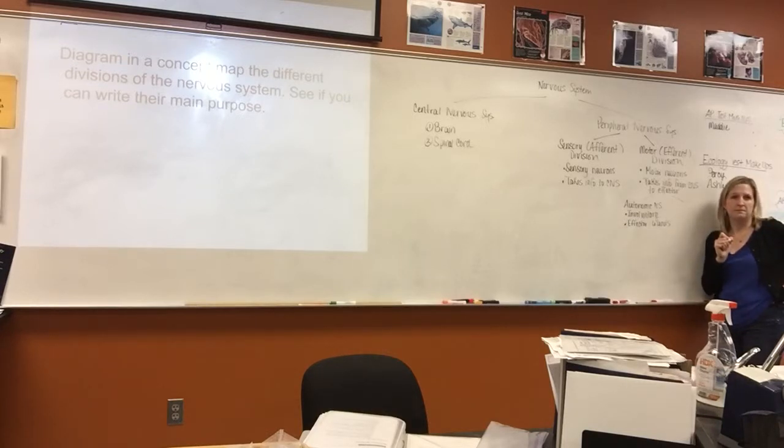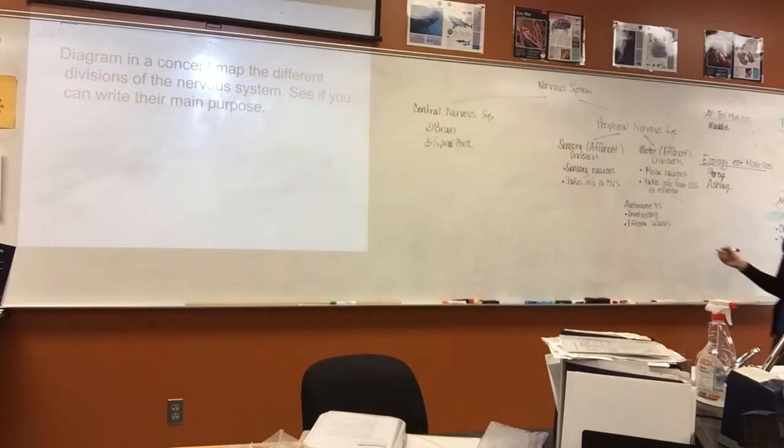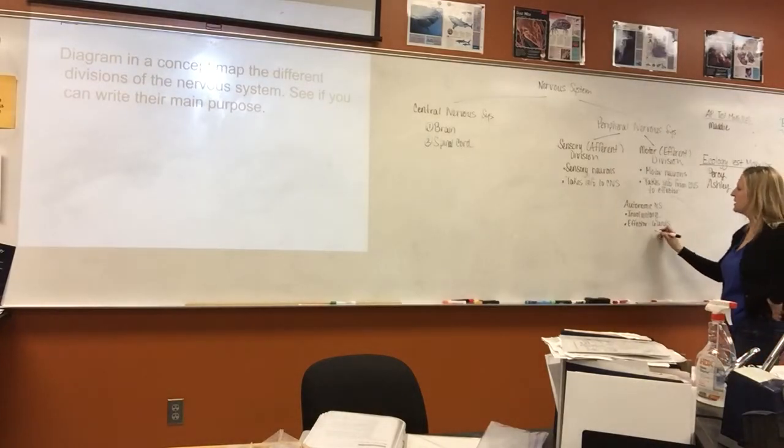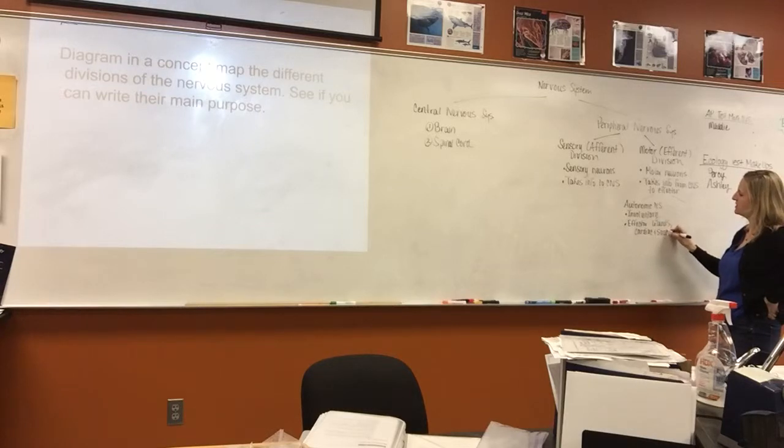Like heartbeat and stuff. Heartbeat, yeah, and that's a special kind of muscle called cardiac. So the effectors are glands, cardiac, and the other type of muscle is smooth muscle.